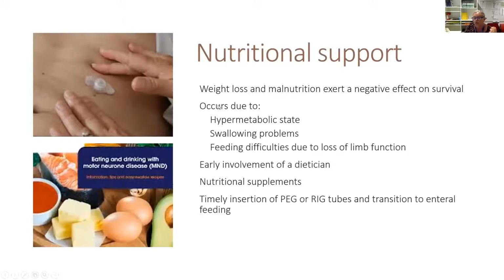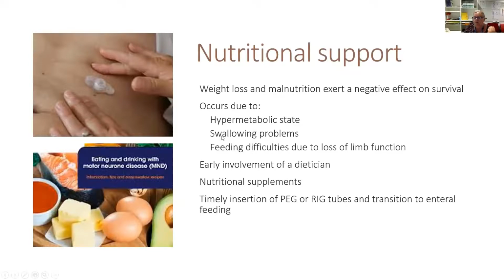Nutritional support as well, so important to keep an eye on your weight loss. Malnutrition does exert a negative effect on survival, and weight loss can occur for a number of different reasons. We know that some people with MND have a hypermetabolic state, and some of you might be in the research program in Brisbane looking at that.